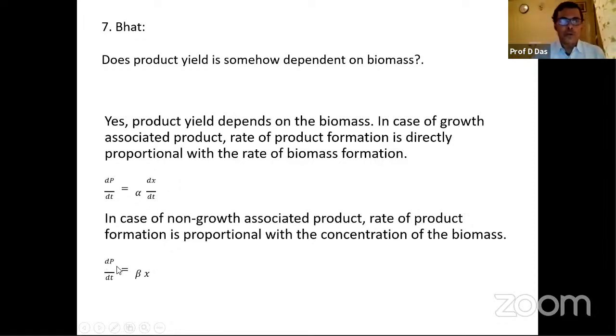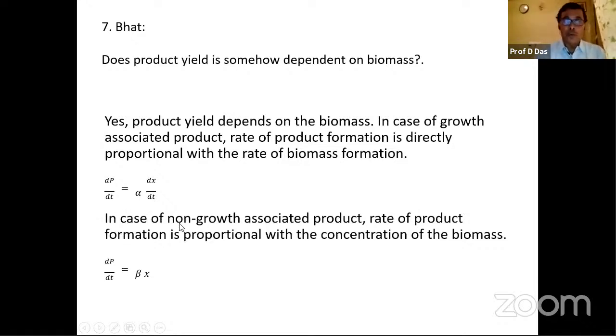An example is the single cell protein production process. What is single cell protein? Single cell protein is nothing but microbial protein. So the rate of single cell protein formation is directly proportional to the rate of cell mass formation.